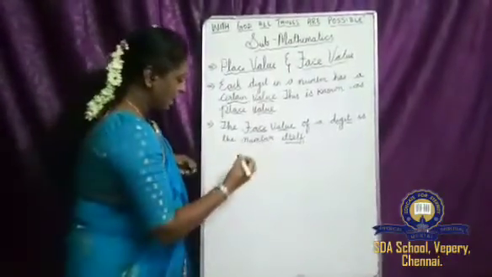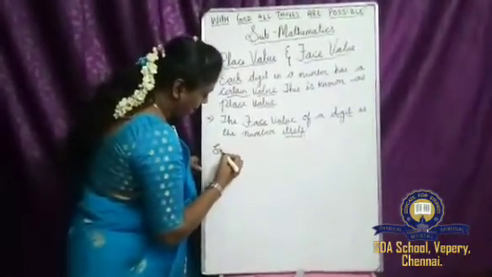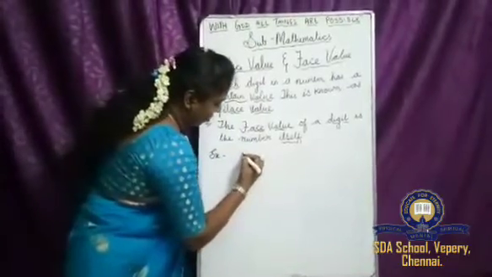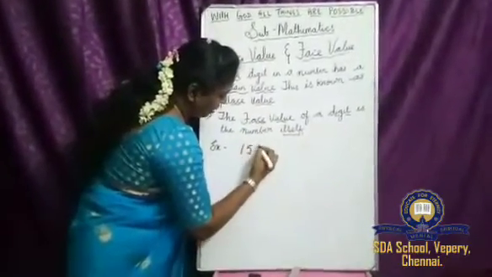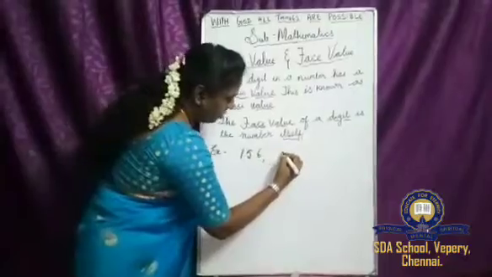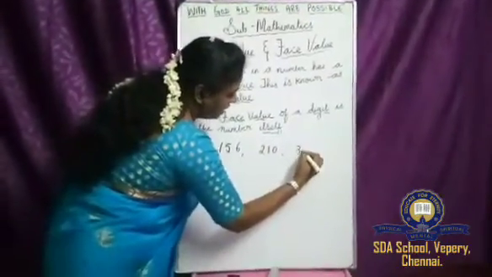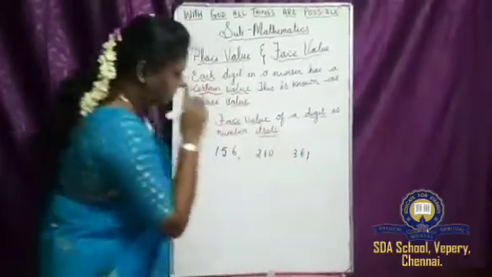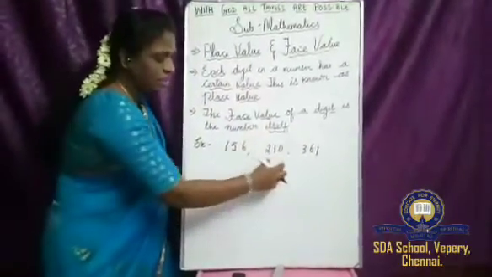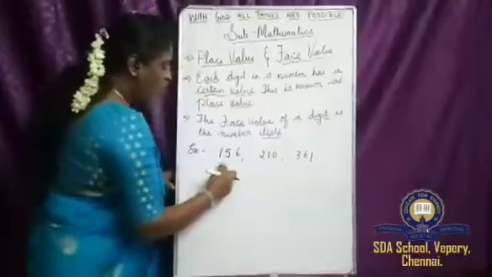Look at these numbers. For example, I'll write a few numbers: 156, 210 and 361. Okay, children? Listen, I have written three numbers.